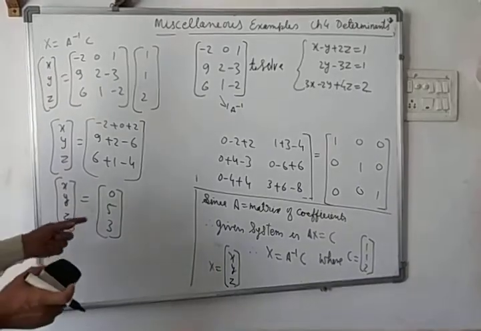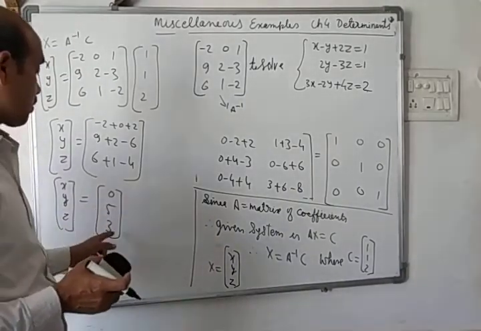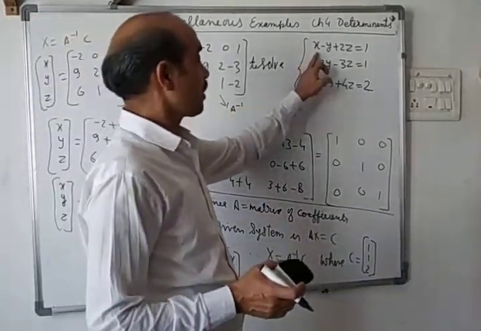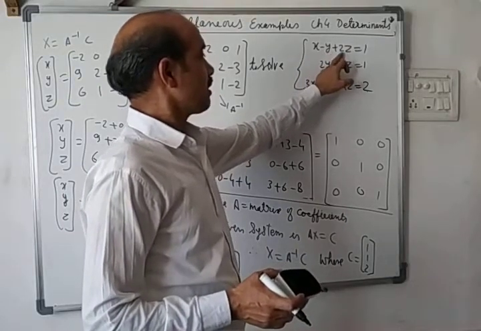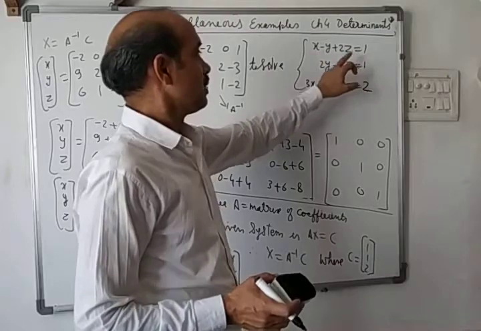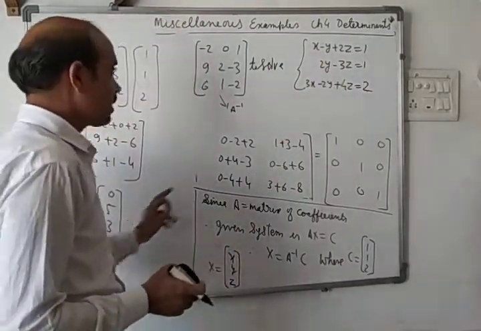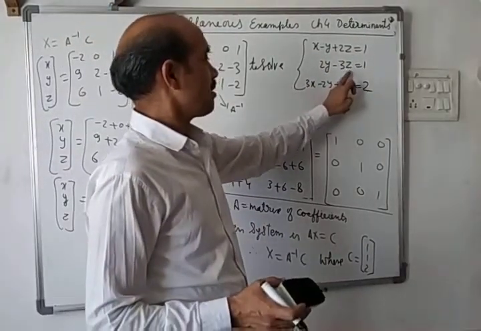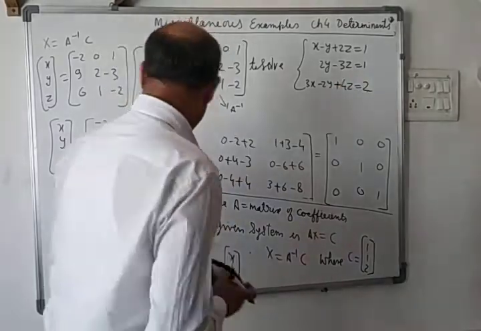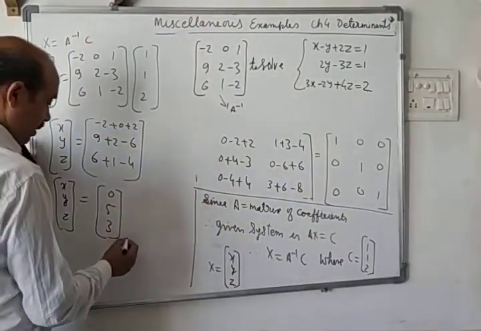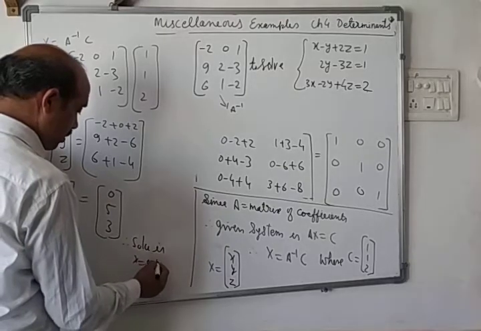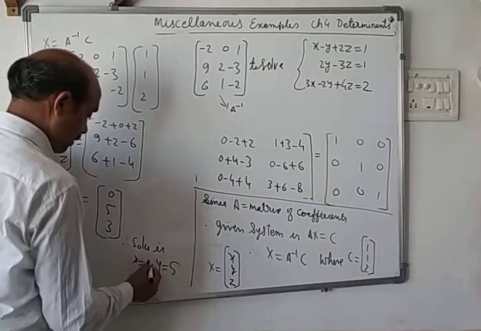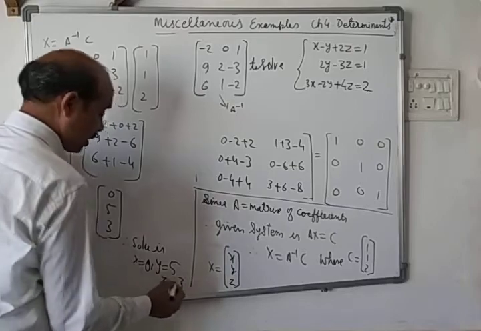Now we can check the solution is correct or not by putting x 0, 5, 3. 3 to the 6, minus 5 is 1. Now here 5 and 3, 10 minus 9, 1. So it is satisfying. Therefore, solution is x equal to 0, y equal to 5 and z equal to 3.